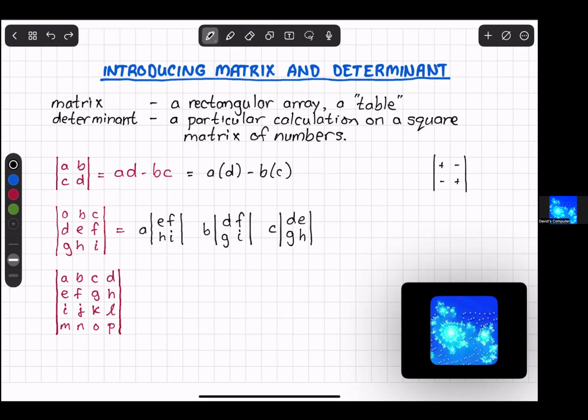Finally, we add the plus or minus pattern that is expressed by the first row in this matrix.